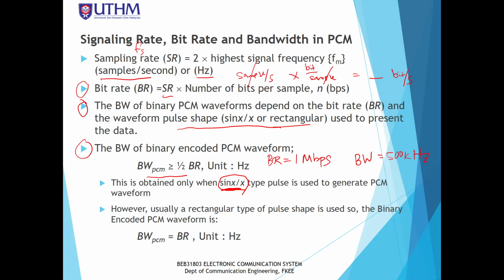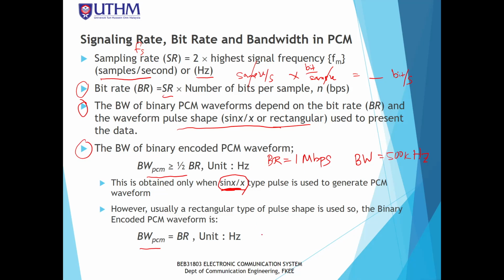Okay, so this is if we use a sinc function for the sampling process. Okay, and if we use a rectangular pulse, that means the bandwidth that we produce is equal to the bit rate in terms of magnitude.